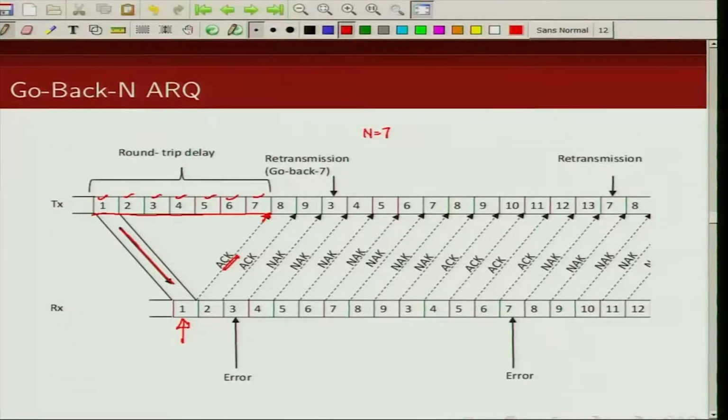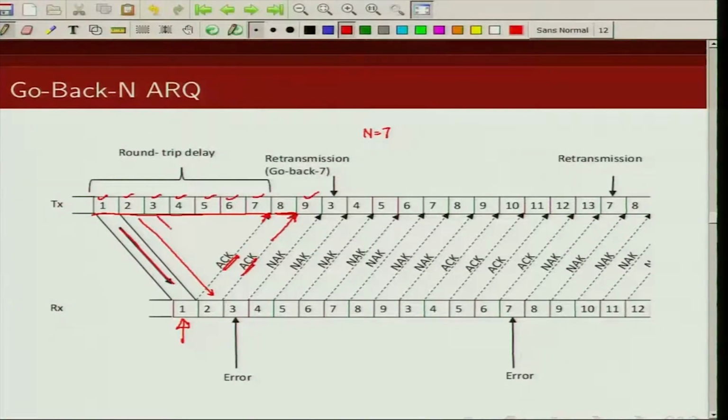So at this time instance we get the acknowledgement, and we send packet number 8. In the meantime the second packet was sent and received correctly, so the transmitter gets an acknowledgement for it, and it transmits a new packet, frame number 9.